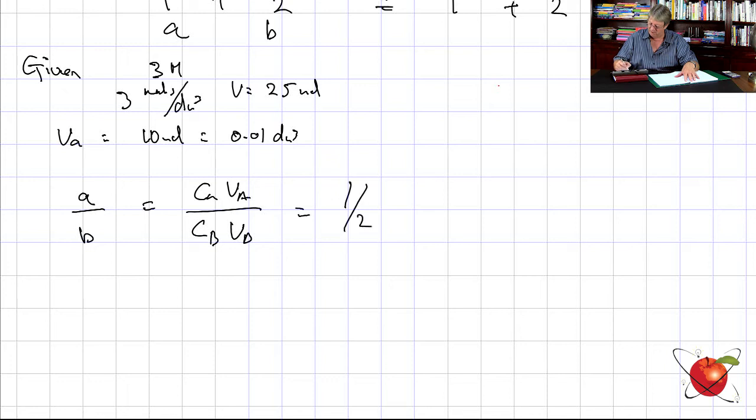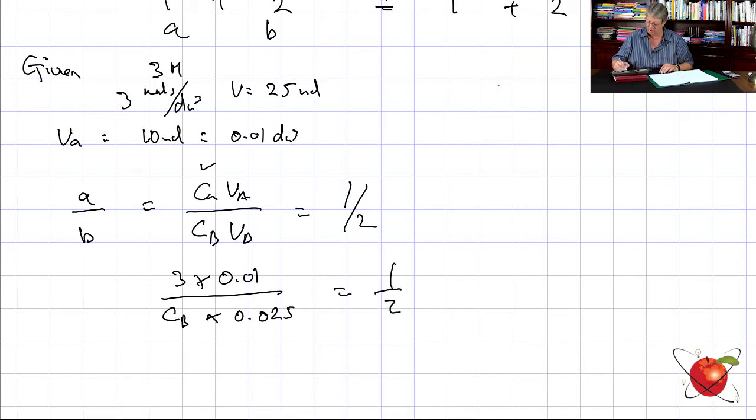That must be a half, 1 over 2. Then that is 3 is the concentration. The volume is 0.01 divided by concentration of the base times 0.025.